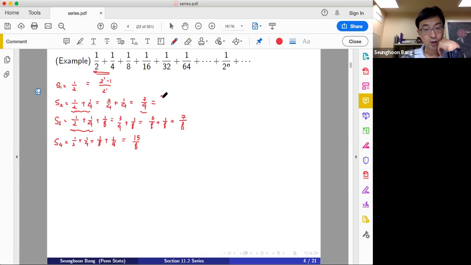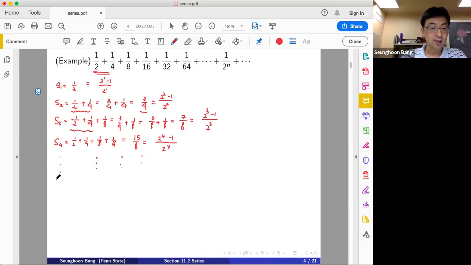This one is 2 squared minus 1 over 2 squared. 7 over 8 is 2 cubed minus 1 over 2 cubed. And 15 over 16 is 2 to the power 4 minus 1 over 2 to the power 4. So keep going with this procedure.